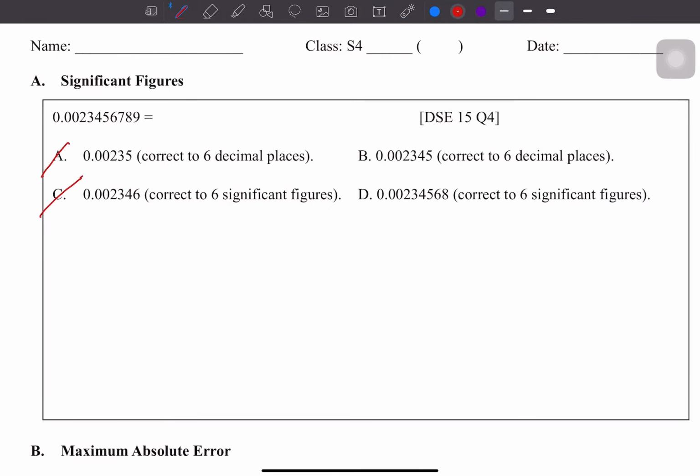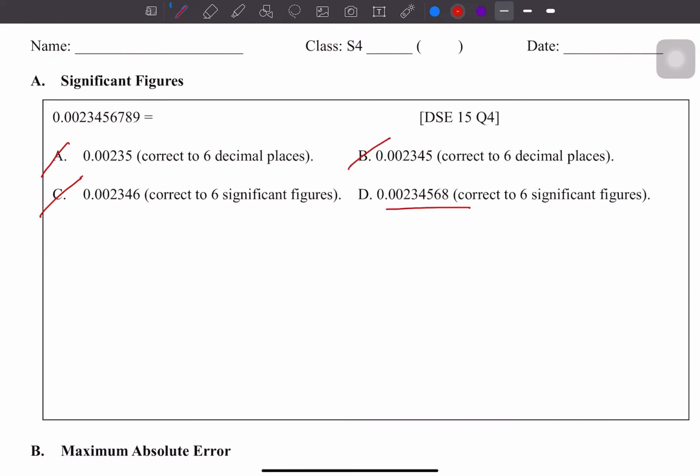You can make good use of the same technique. For example, 2, 4, 6. Good. This is the 6th decimal place. Let's check if we correct to 6 decimal places. Then 1, 2, 3, 4, 5, 6. So the answer will be 0.002346. But this one is 5. So this one is incorrect.